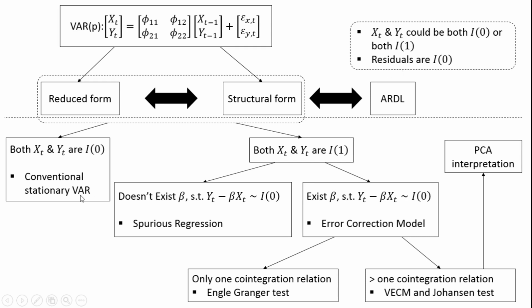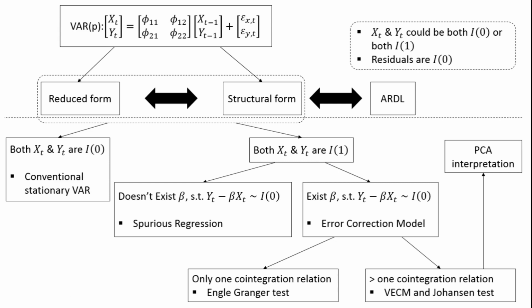So we have a situation in which both XT and YT are stationary. We have a conventional stationary VAR.